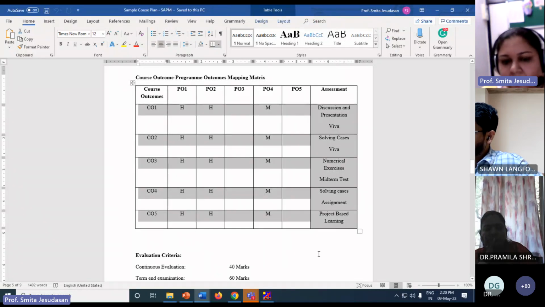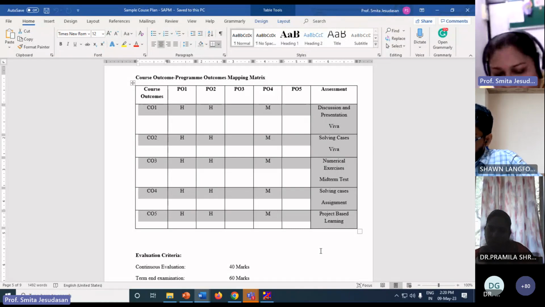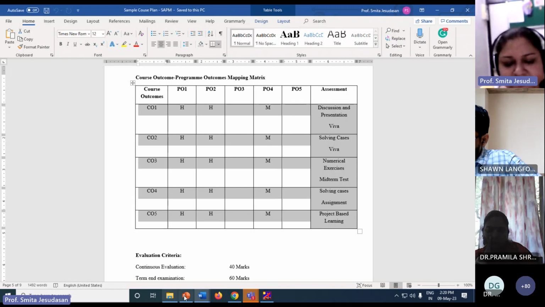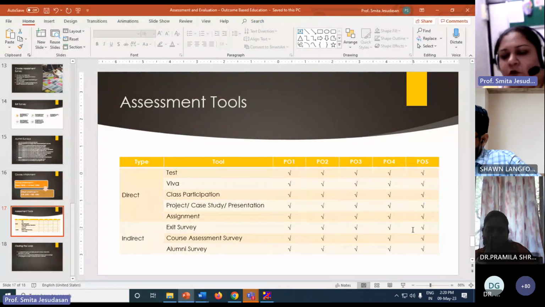Okay. So what the program has to do, after the session plan has been compiled, is make this summary sheet for all the courses.